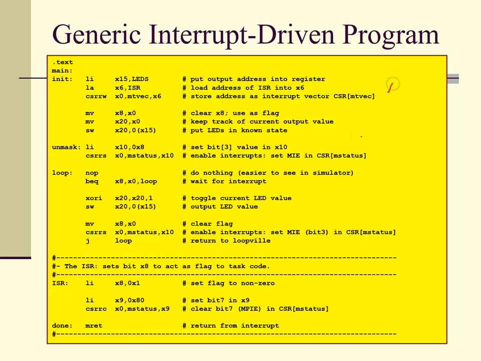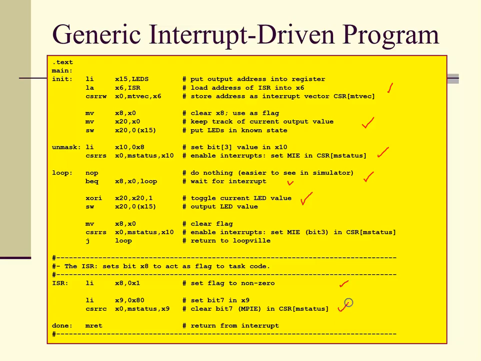It writes mtvec. Does some preliminary stuff to get the LEDs ready. It enables interrupts, waits in a tight loop. The interrupt itself sets a flag. That flag is going to be caught by this little tight loop here and go down to the part below the loop.